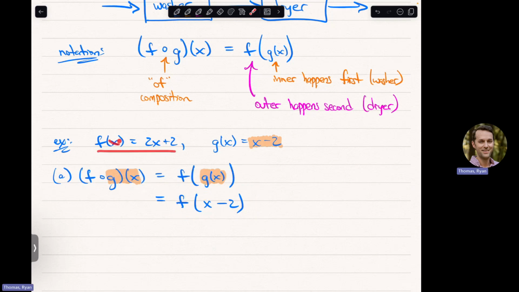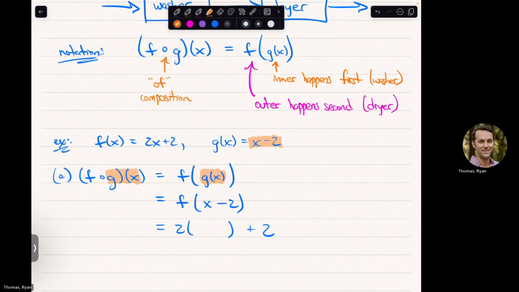Okay, here's f. f takes a thing and gives you 2 times that thing plus 2. So f of x minus 2 looks like that, where the missing thing here is this, because I'm evaluating or plugging in x minus 2.